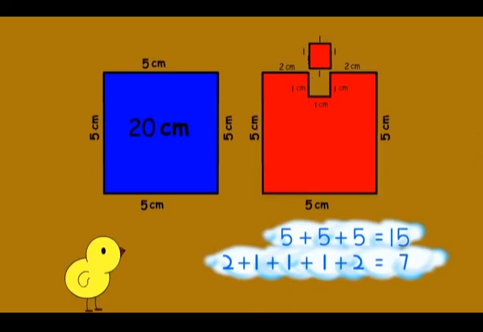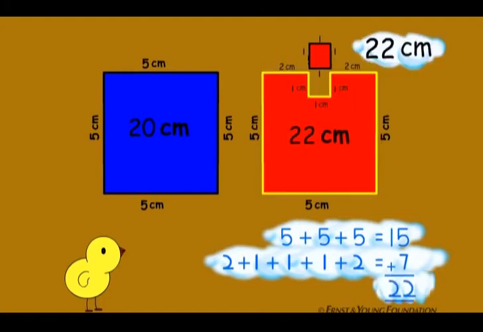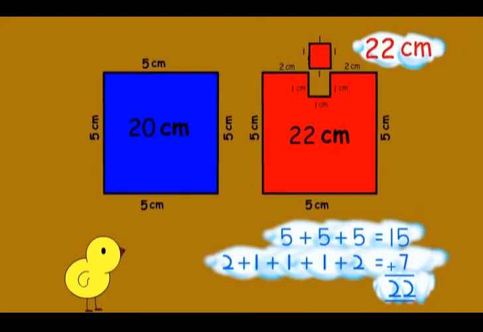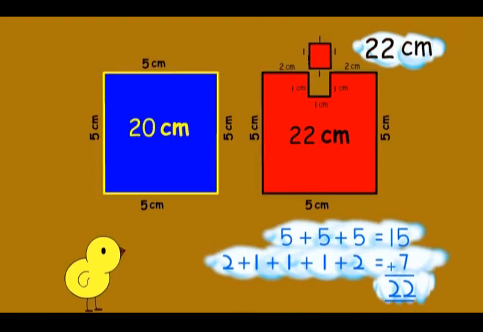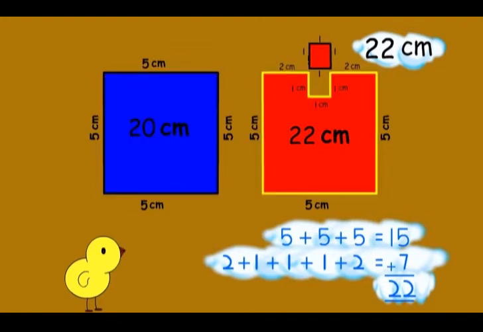So the length of the boundary of the red paper is 15 plus 7, which is equal to 22 centimeters. Blue paper is 20 centimeters. So the length of the boundary of the red paper is bigger.